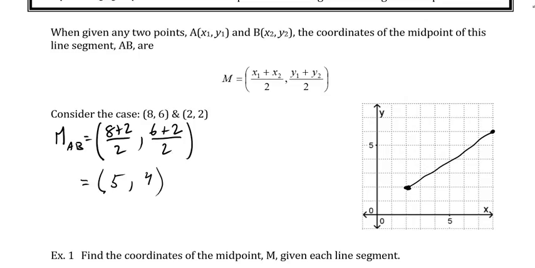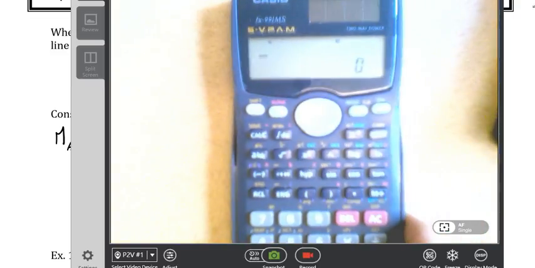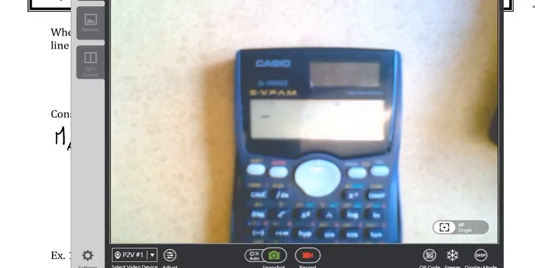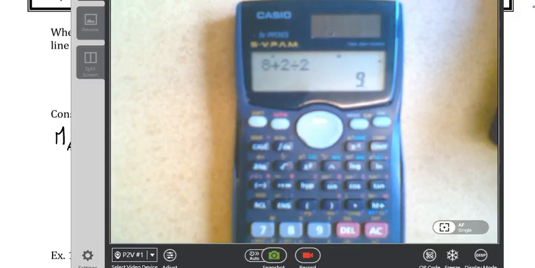If you did not use brackets properly, if you did this on your calculator, which you should be able to do in your head, but if you did it on your calculator and typed 8 plus 2 divided by 2, you would get the wrong answer.